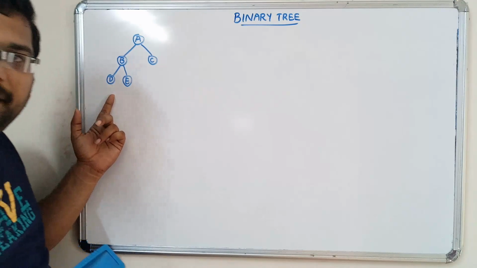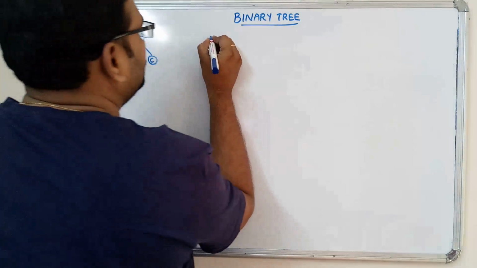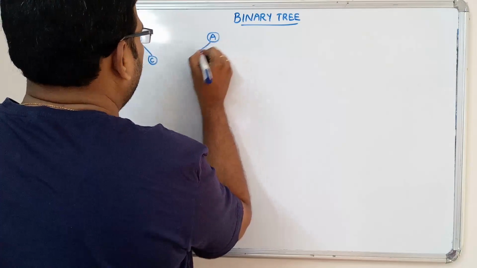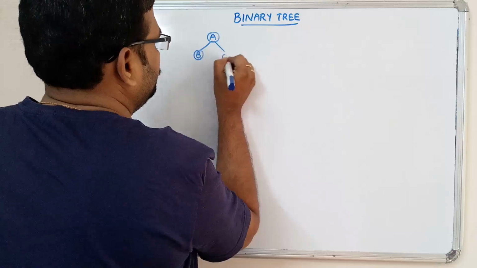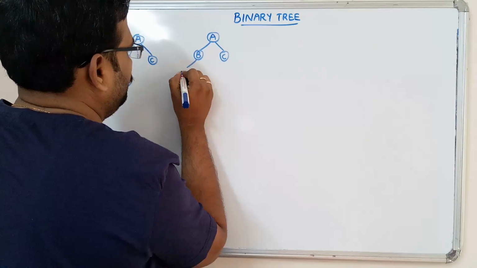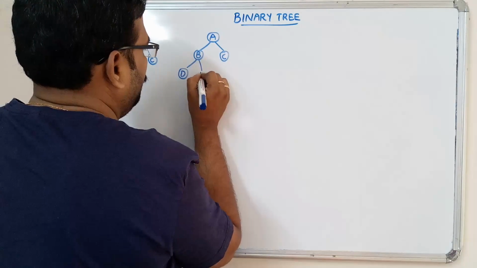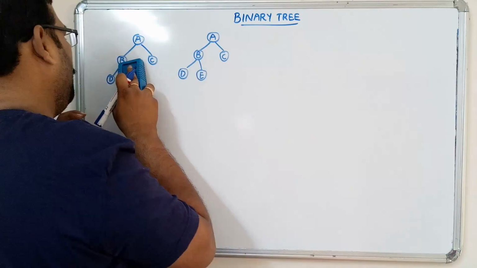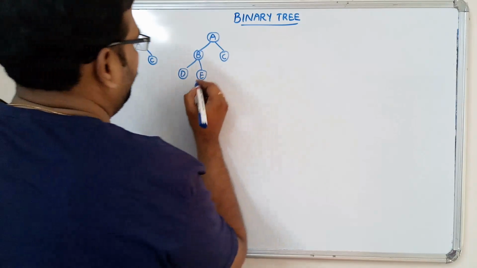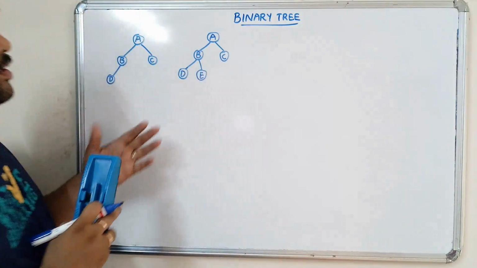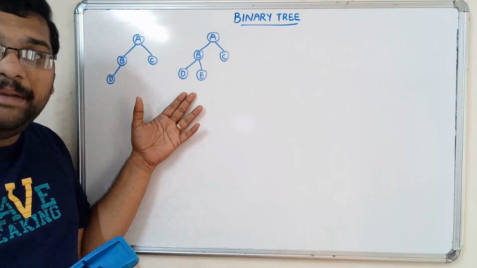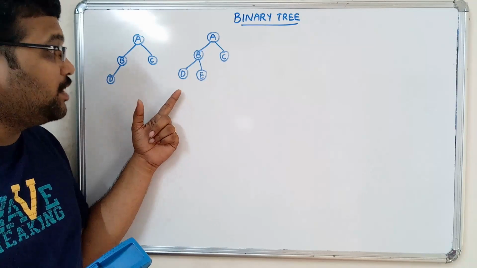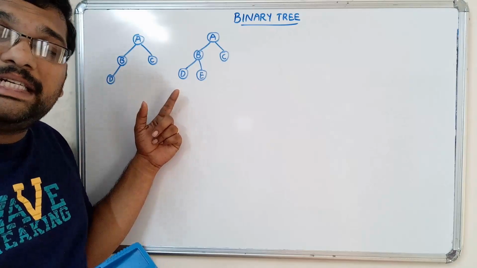So this is a binary tree. So this is complete binary tree. Okay, sorry. This is a strictly binary tree.